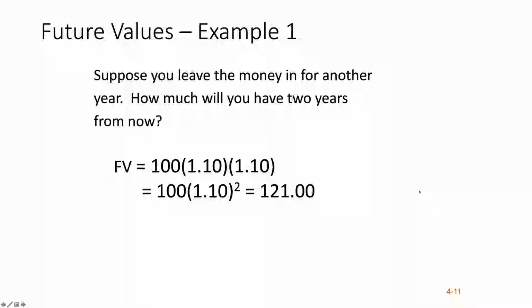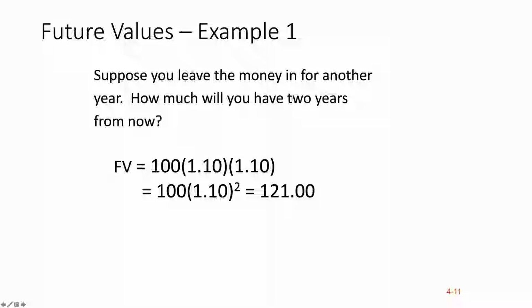Now if you leave this $100 for 2 years, you earn interest on previous interest. So $100 in your account increases 10% for a year, and another 10% for a second year. Mathematically, it is 1.1 to the power of 2 times 100.